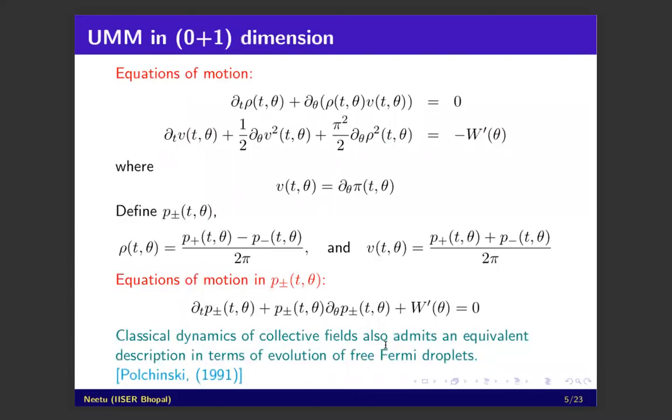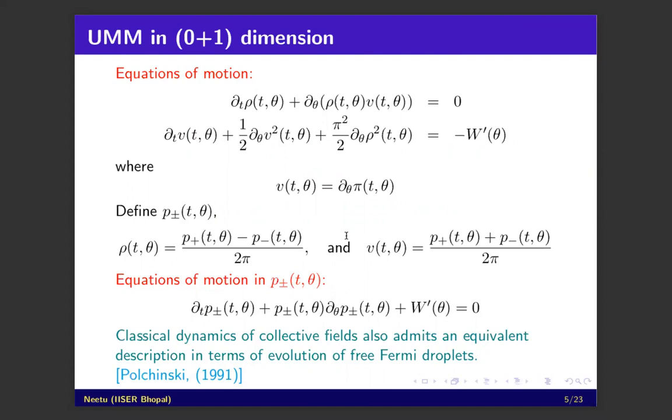So let's first consider this collective field theory. We can write down the Hamilton's equations of motion. These are the equations, and as you can see, these are coupled nonlinear partial differential equations, which are in general difficult to solve. So we introduce these new variables p plus minus in terms of rho and v, such that the equations are decoupled.